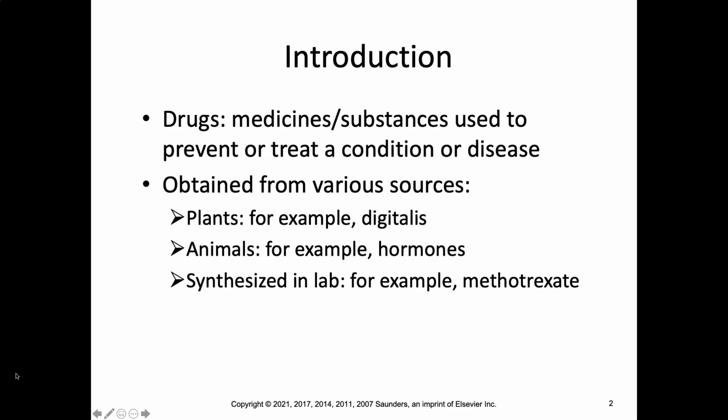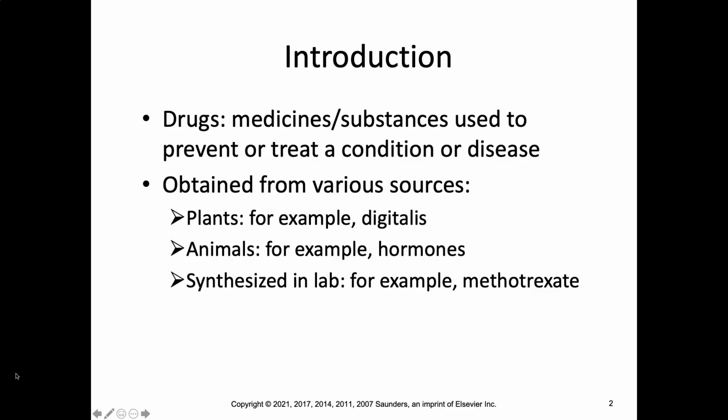Drugs and medicines and substances, those words are somewhat interchangeable. They're obtained from various sources. They can come from plants, and there's a wide variety of plants and trees and tree bark and all sorts of things from nature that they have found that have substances in them that can be used medically.